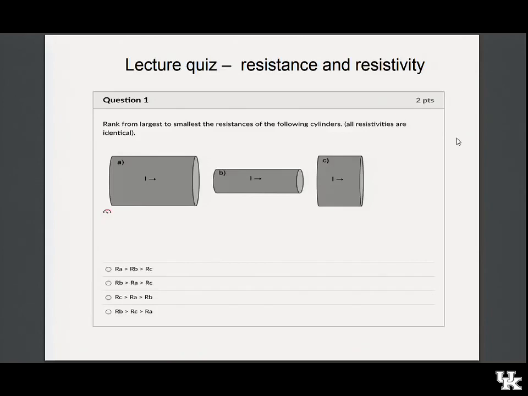So we want to think about the relationship between resistance, resistivity and the geometry of the wire, and in particular the dependence of resistance on the geometry.